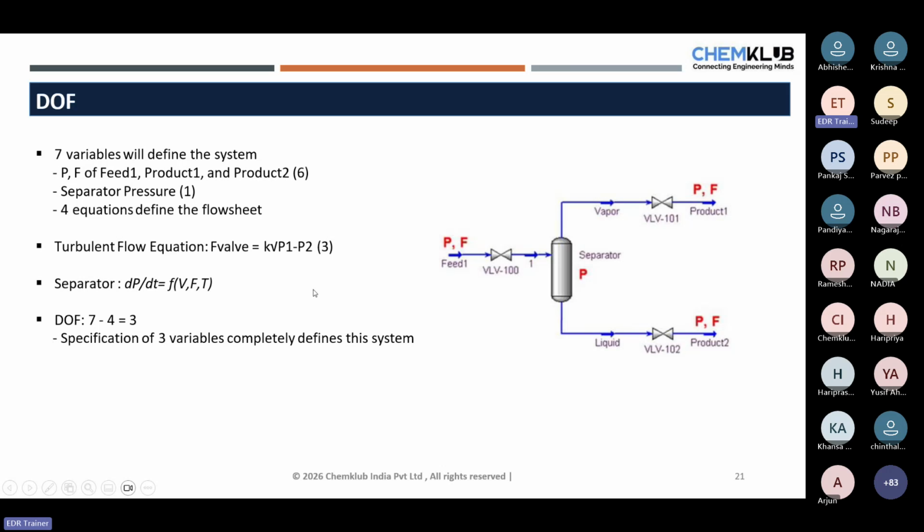The turbulent flow equation, where the flow for the valve is directly proportional to the pressure drop, and the separator dP/dt is a function of V, F, T for the separator. The degrees of freedom are basically three. So you have to specify three variables which will completely define the system.